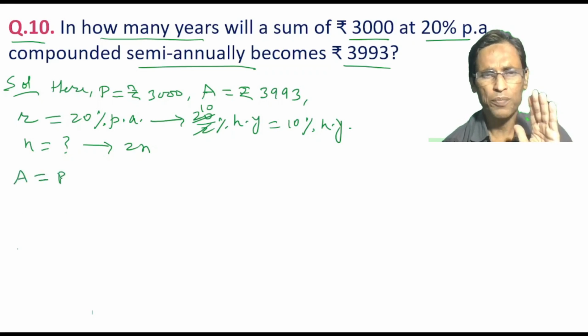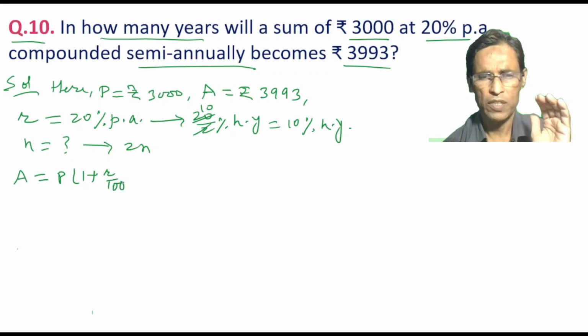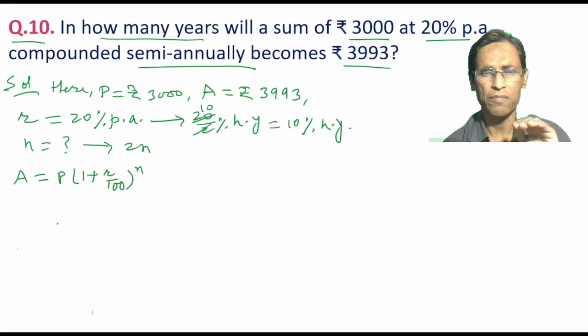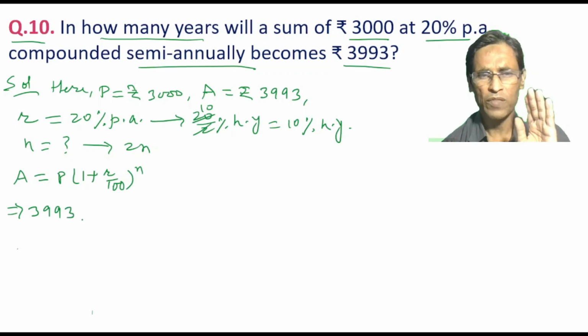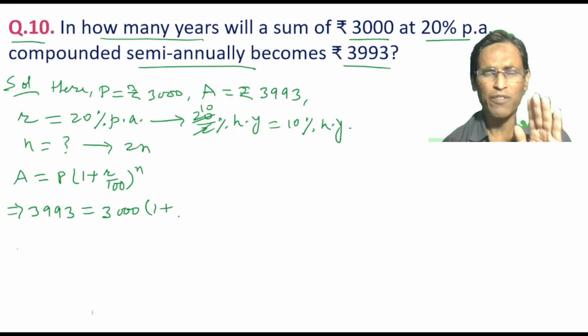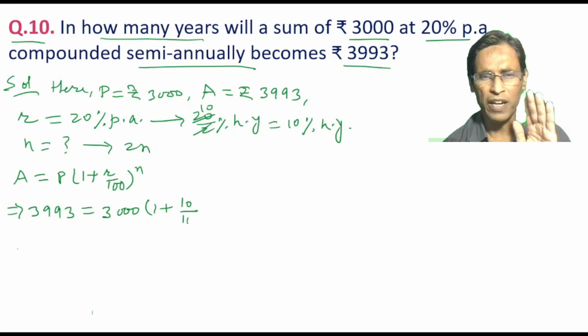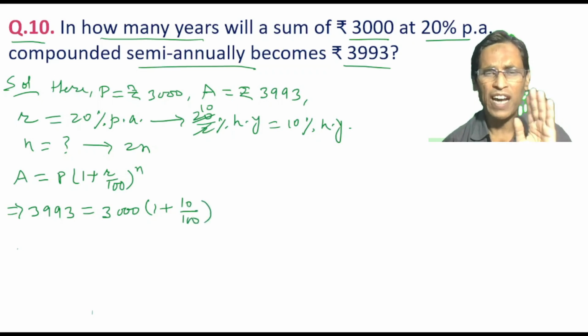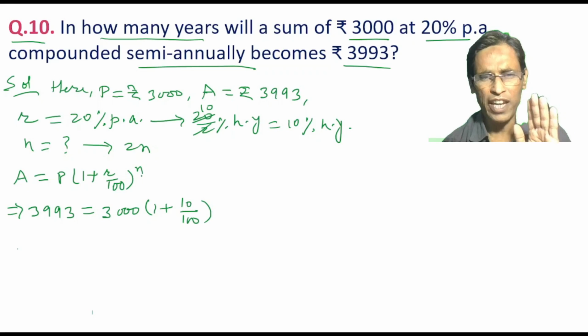Now we take up the formula for amount A equal to P times 1 plus R by 100 to the power n. In the next step we replace that term with the information provided. So A will be replaced by 3993 and P is replaced by 3000, and then under bracket 1 plus R will be replaced by 10, so 10 by 100, and when we take R as 10 then we take N as 2n, therefore N will be replaced by twice n.